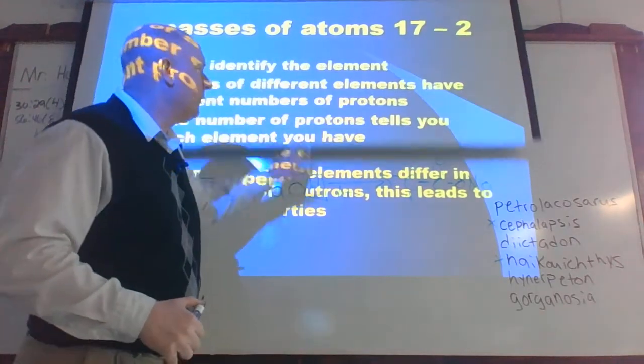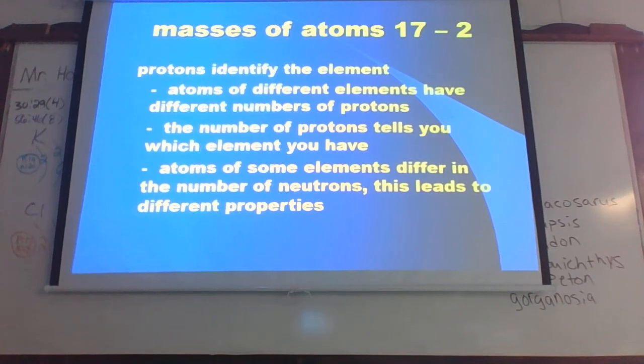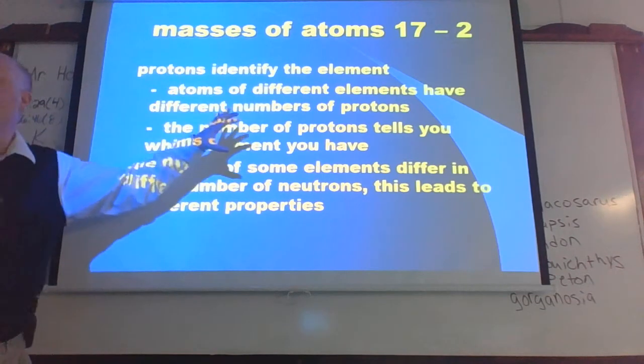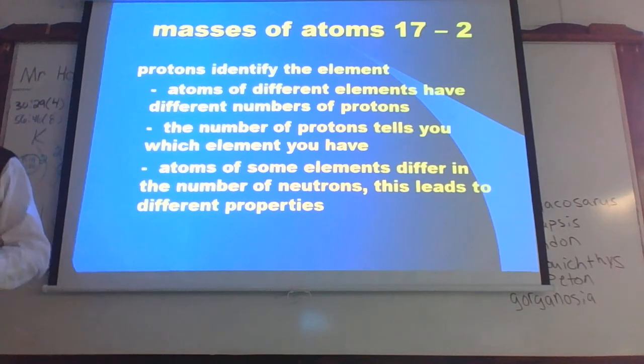Okay, so this is where we left off yesterday. As we look at this, again, the number of protons tells you which element you have, referred to as which number? The atomic number. How is the atomic number different than the mass number or atomic mass? What is the mass number of any element? Right, when you add them together.